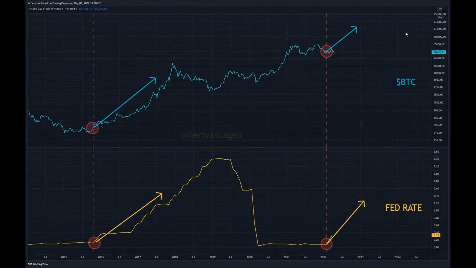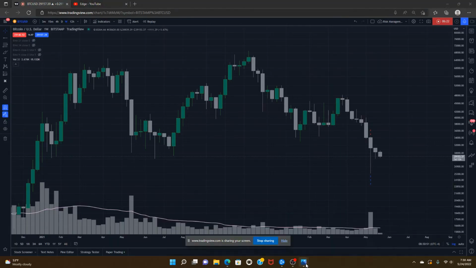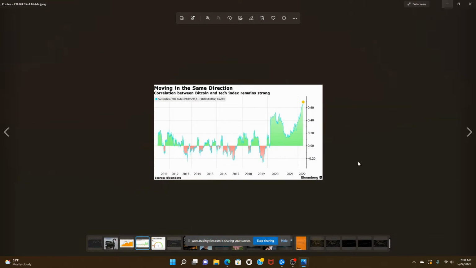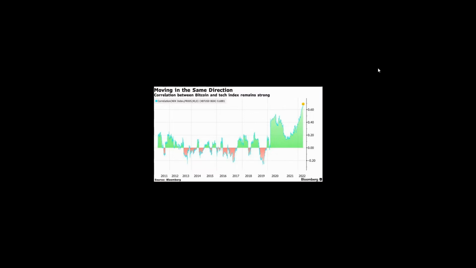Maybe there's some correlation. I think there is a stronger correlation to, if we go to the chart, here we have the correlation between Bitcoin and the tech sector index. I think people focus on the S&P 500 and Bitcoin, and I think that's a little bit of a mistake, right?